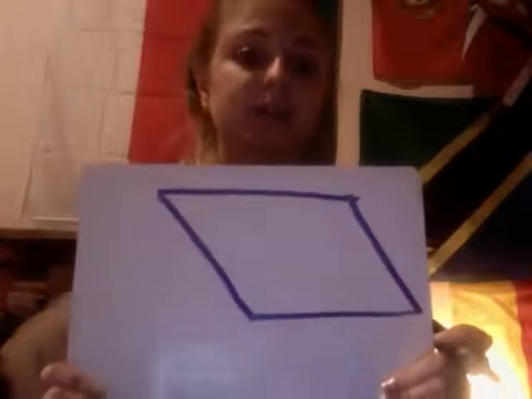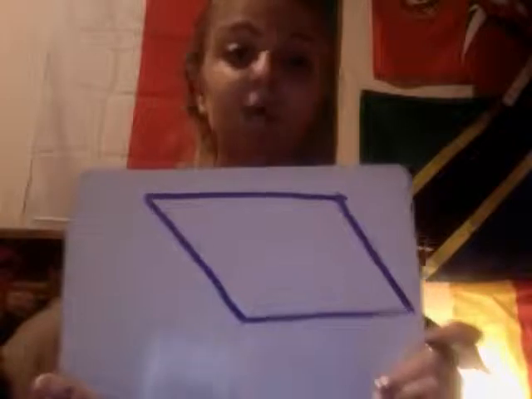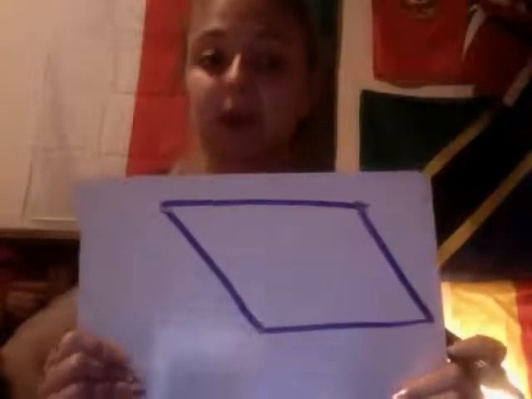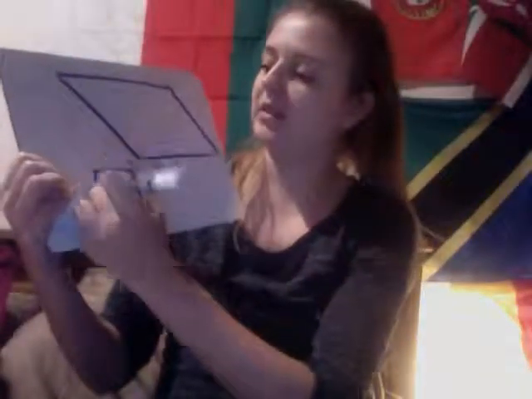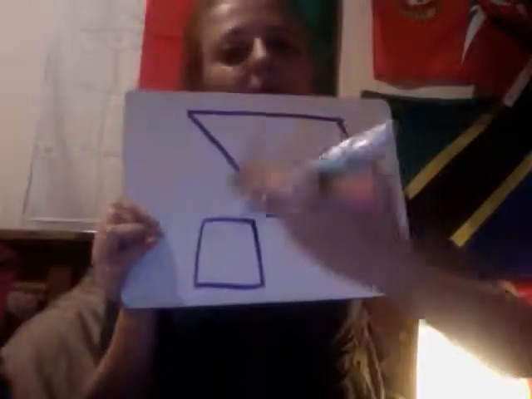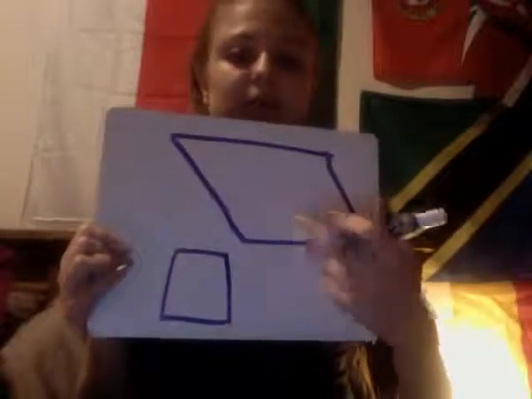What shape is this? Hopefully you said this is a rhombus. I know that it looks similar to a square, but notice how these are slanted on the side a little bit. A square has straight sides and the rhombus is tilted a little bit. So this is a rhombus.